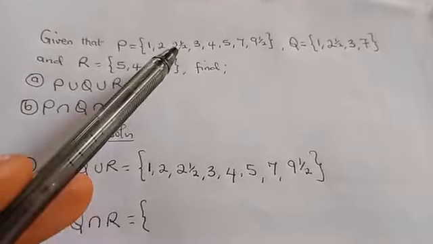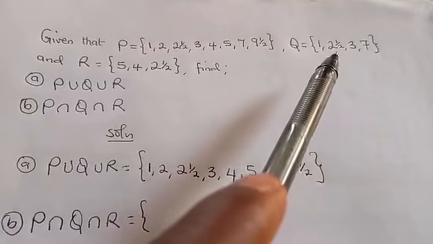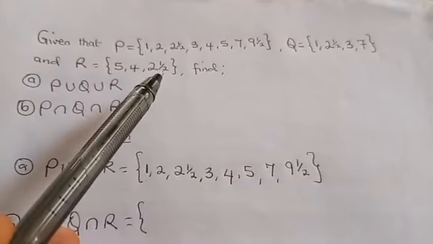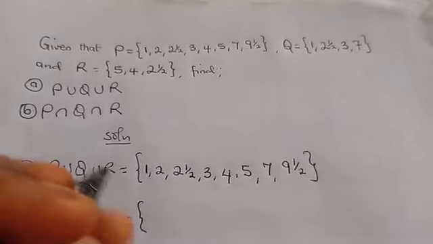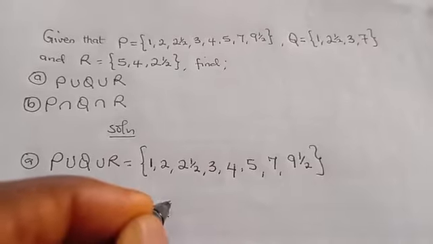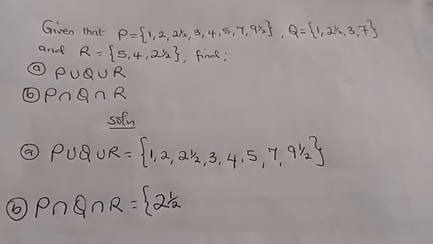Next, we have 2.5 in set P. We also have 2.5 in set Q. And we also have 2.5 in set R. So 2.5 is an element that is common to the 3 sets.